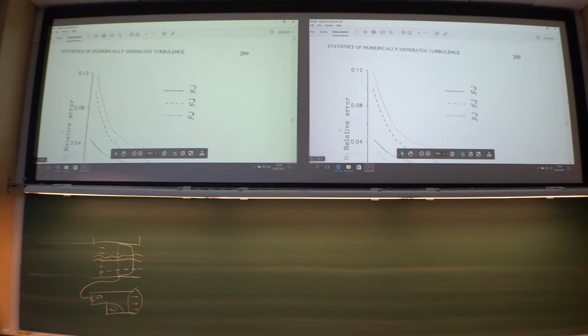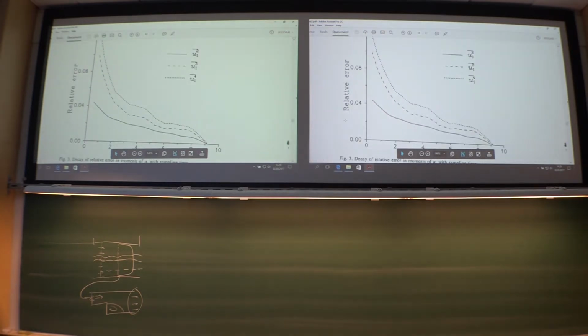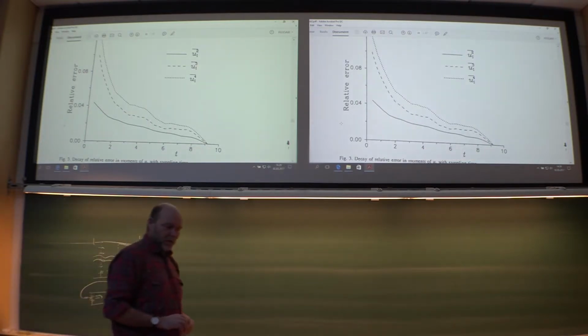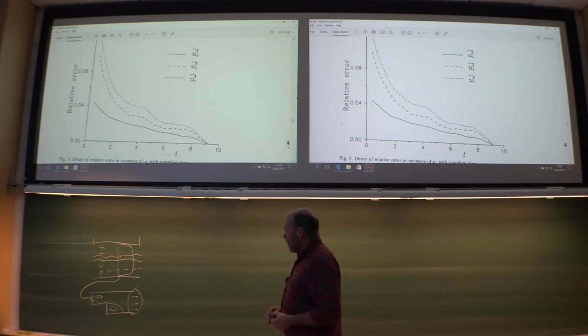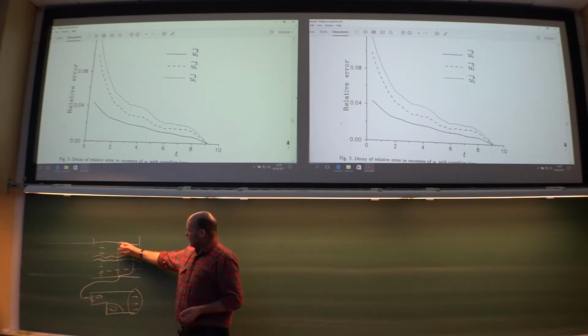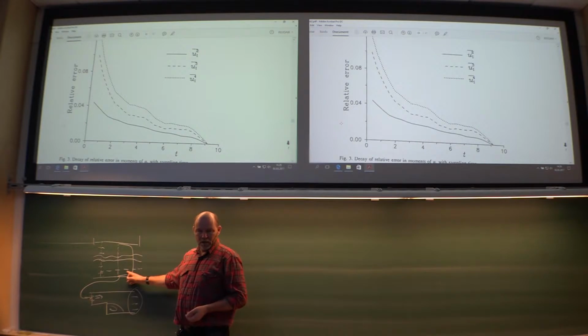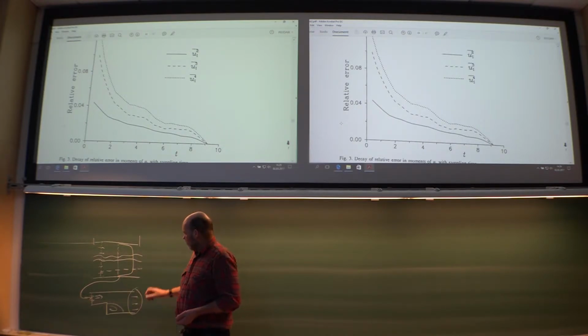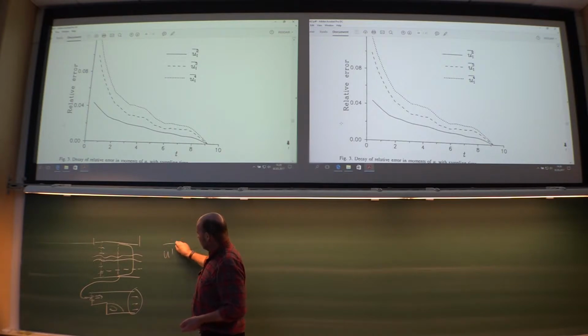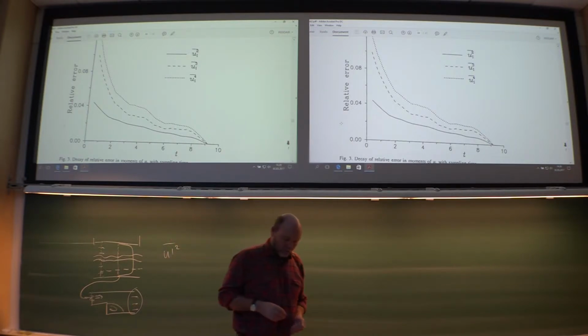Back to the sampling procedures. So here I try to calculate what the error will be depending on what quantity you are interested in. To get the average velocity profile, that's not so hard. You can find that one fairly quickly. You don't need that many samples. When you look at these quantities, you need more.